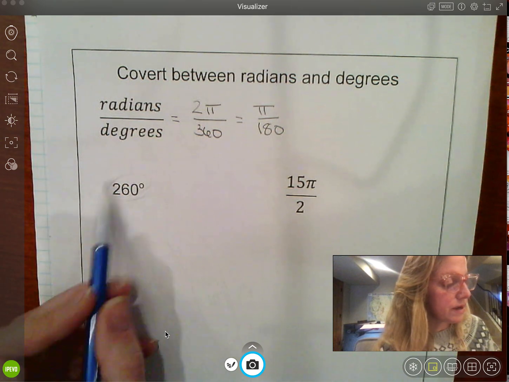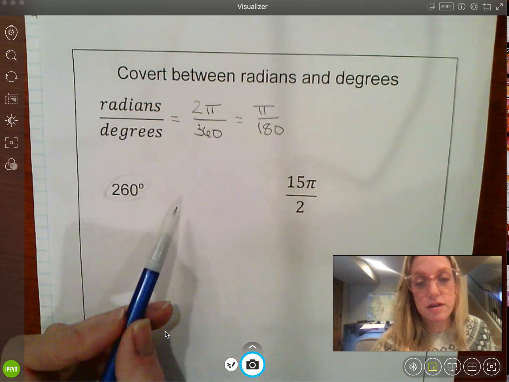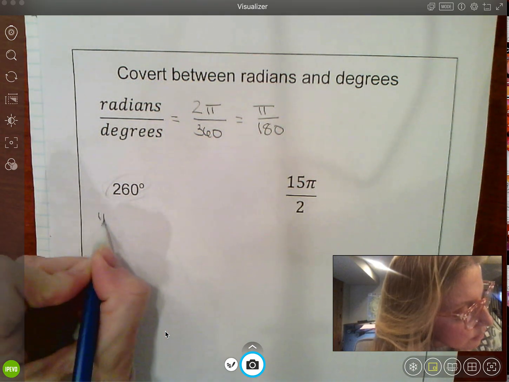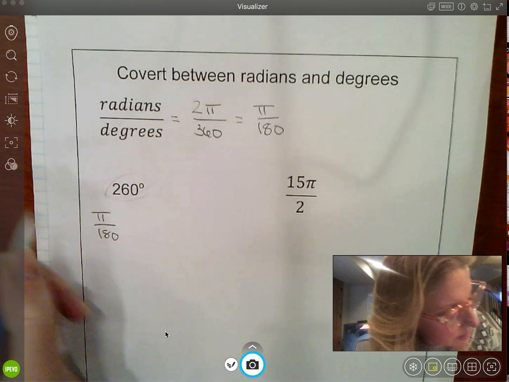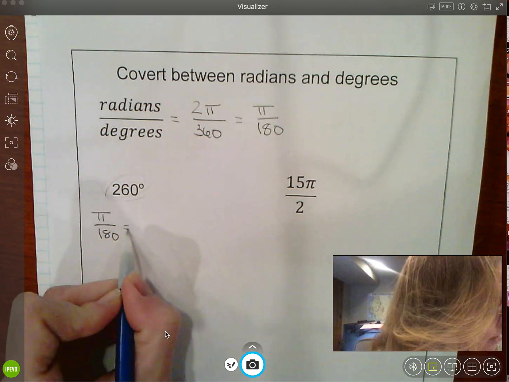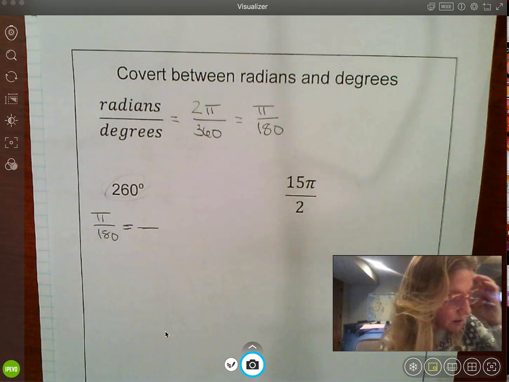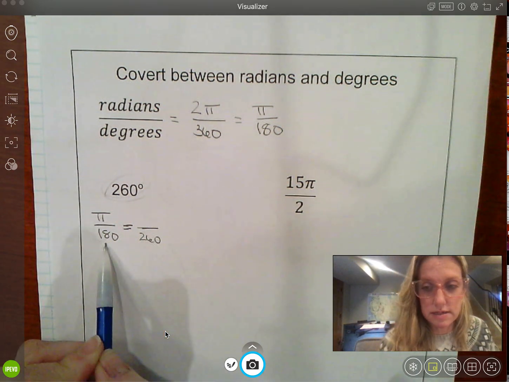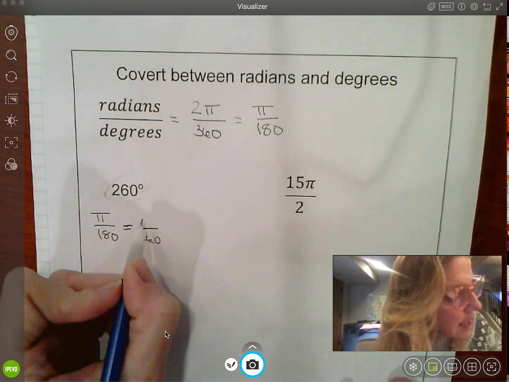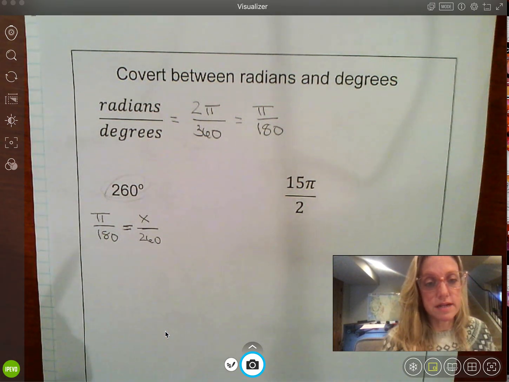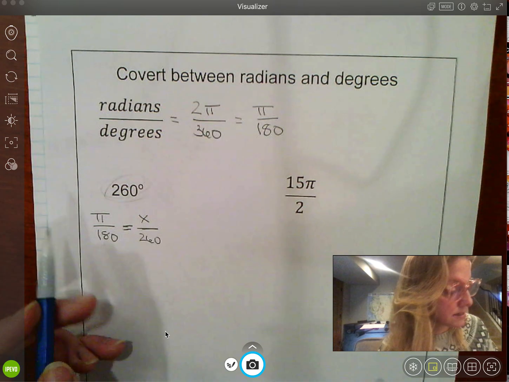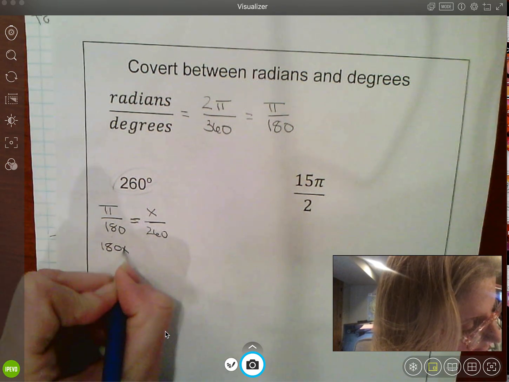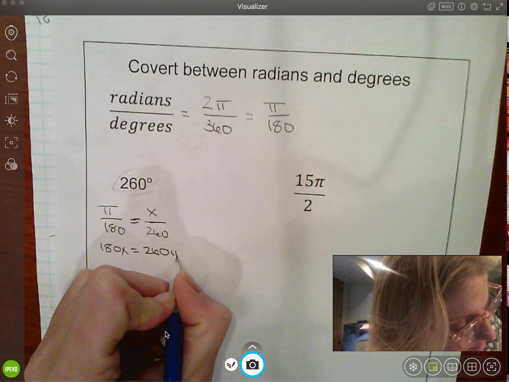So basically, for 260 degrees, if we were going to convert that to radians, I'd use that pi over 180 and create a proportion. The 260 would go in the denominator because the 180 was in the denominator, and they are both degrees. And we're trying to figure out what its equivalent is in radians. So when I cross multiply here, 180x equals 260 pi.